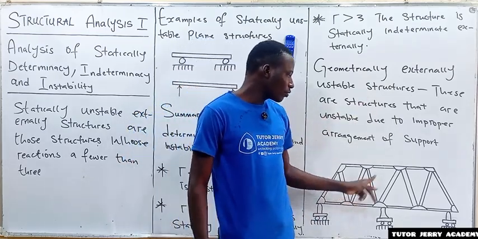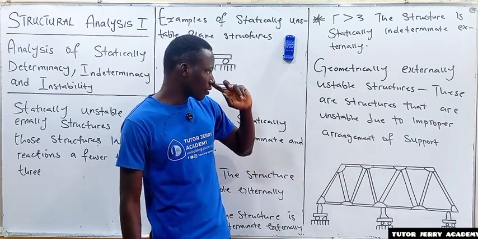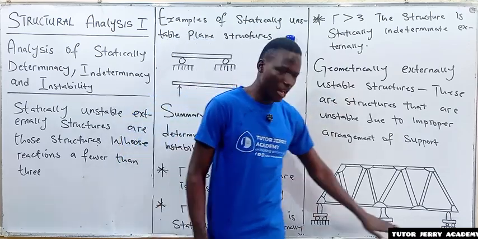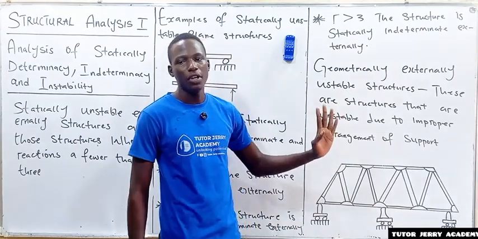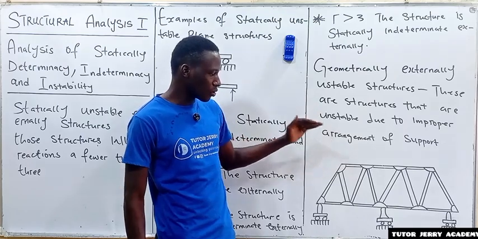Now, how do we say this particular diagram is geometrically externally unstable? It has three reactions. These three reactions are going upward, so there is no reaction preventing horizontal translation.